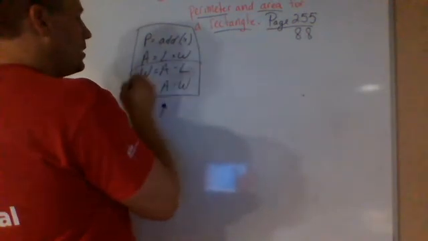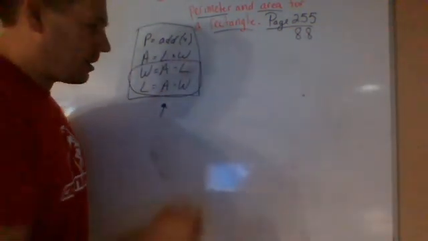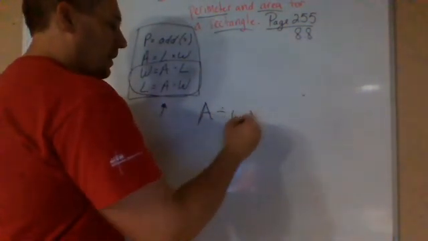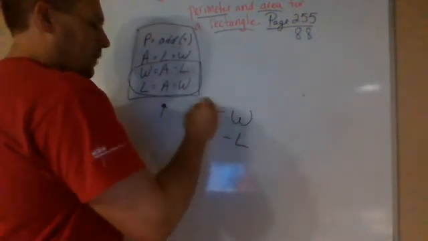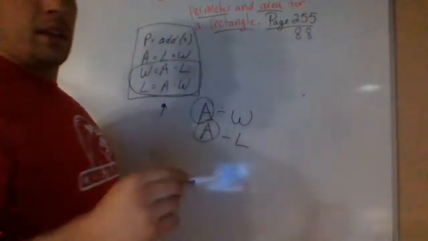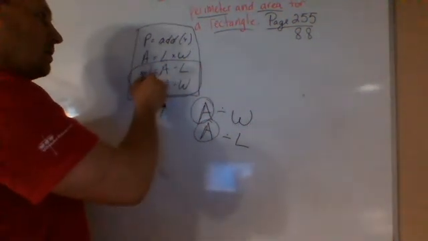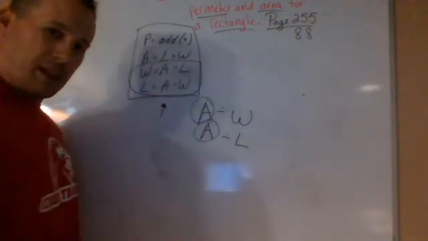Now for these two, if you have the area, you just take the area and divide it by either width or length. You have to watch out. If you have the area already, then you're dividing by the other one. If you don't have the area, you can multiply. If you do have the area, you just divide it by the other one.